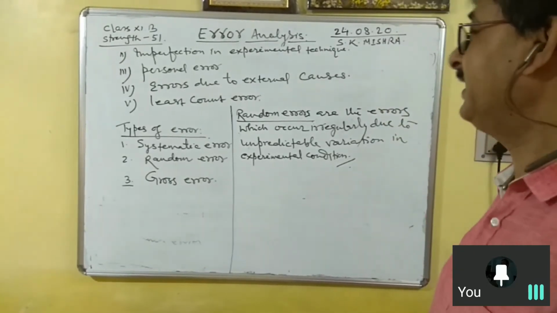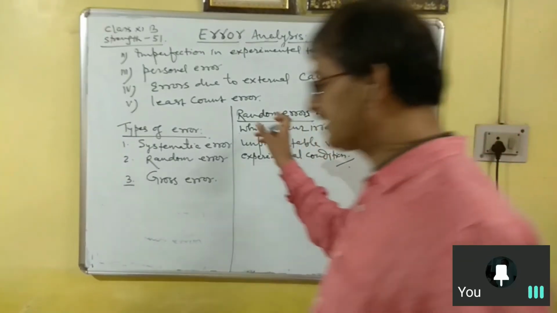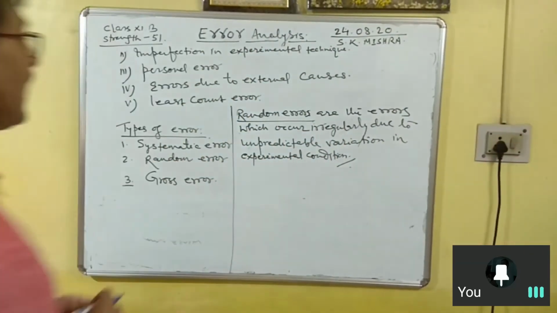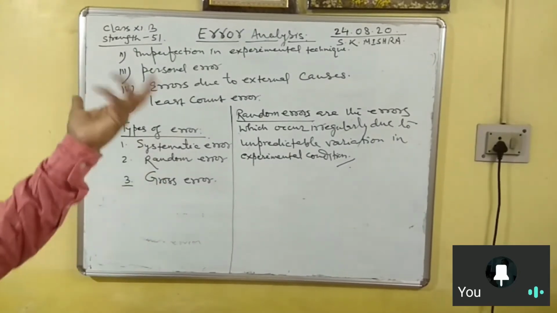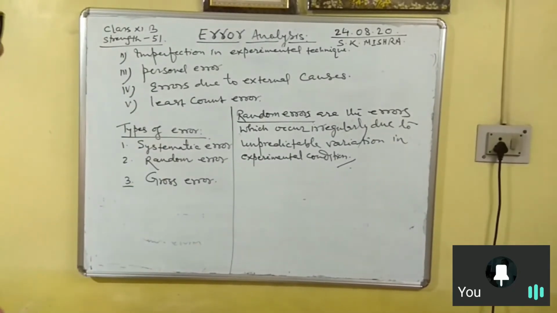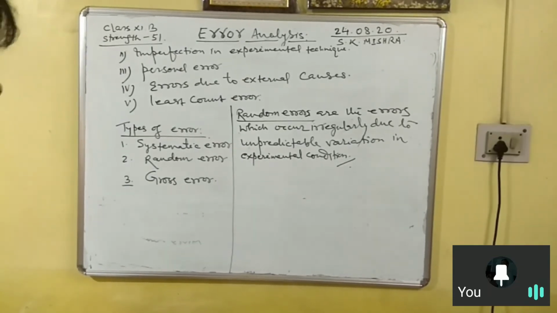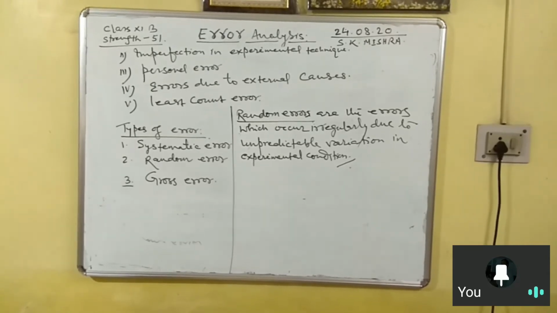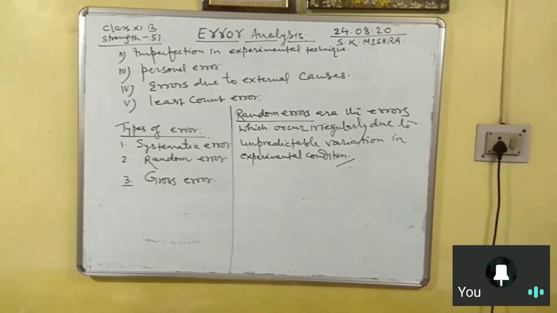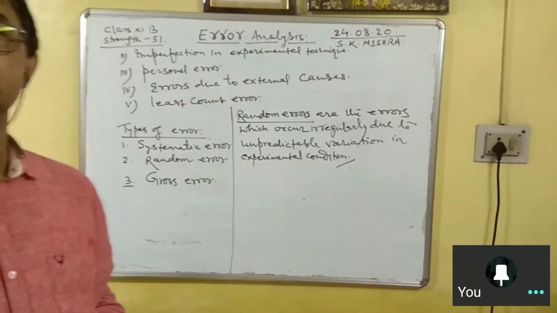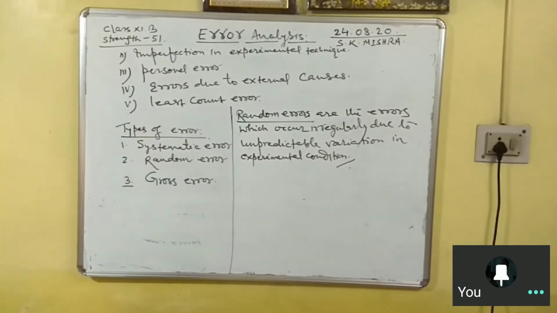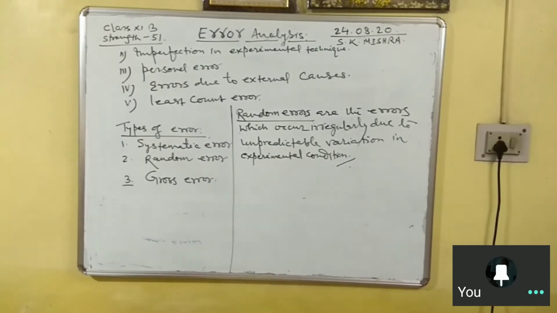That's why random error is such a type of error which occurs irregularly. Sometimes it occurs, sometimes it may not occur, due to unpredictable variation in experimental condition. The experimental condition is not the same.